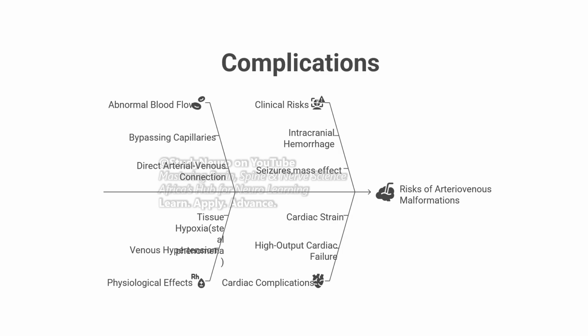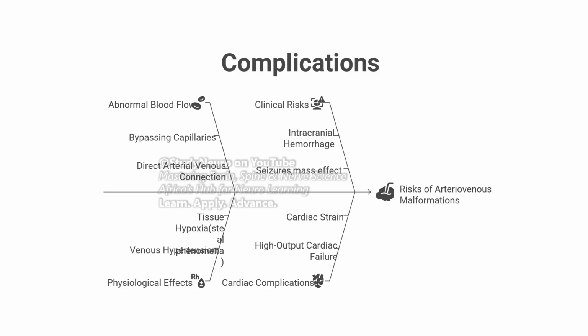In arteriovenous malformations, arterial blood is shunted directly into the venous system without passing through capillaries. This abnormal circuit leads to venous hypertension and tissue hypoxia, a process known as the steal phenomenon, where blood is diverted away from healthy brain tissue.